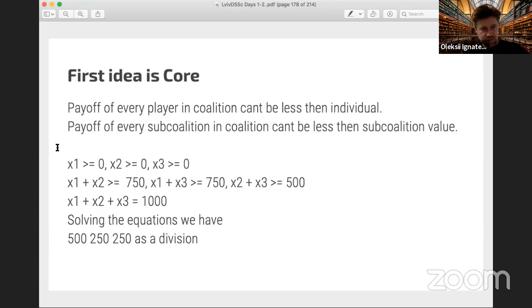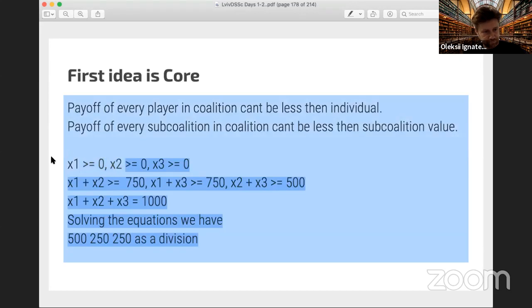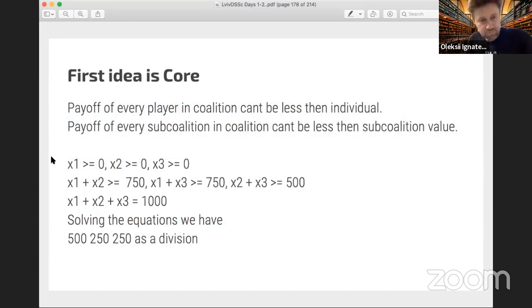So if we consider this equation, then we find that if x1 is the number of candies that the first player gets, x2 the number of candies that the second gets, and x3 the number of candies that the third player gets, then the sum of first and second should be bigger than 750, because they can do 750 alone.